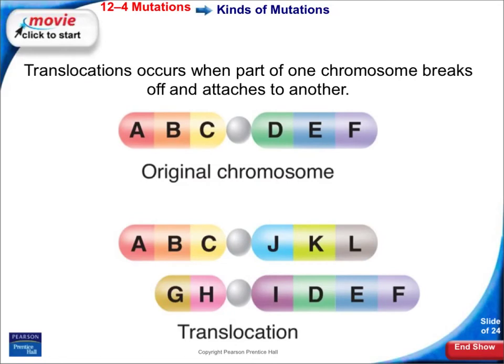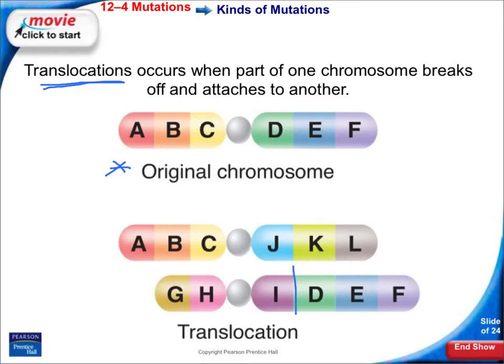The last type of chromosomal mutation we're going to talk about is called a translocation. This actually involves 2 chromosomes and not just 1. What happens is part of 1 chromosome breaks off and attaches to another chromosome. So now we have 2 chromosomes. Here's our original chromosome, A, B, C, D, E, F. And you can see that part of it has changed places.